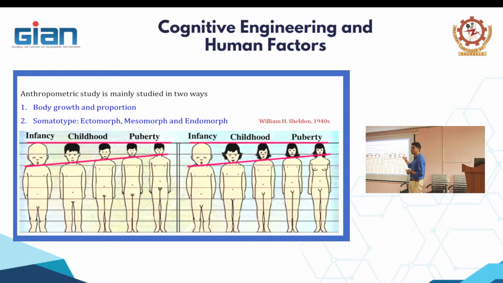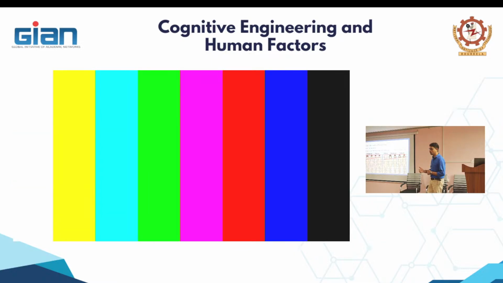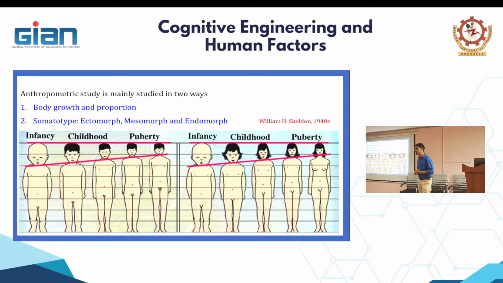Again, what the diagram is showing is three different ranges: infant to childhood, then childhood to the puberty level. Infant is the newly born baby, then childhood is something like 4 to 8, then 8 to 13, maybe the puberty, where body changes take place.